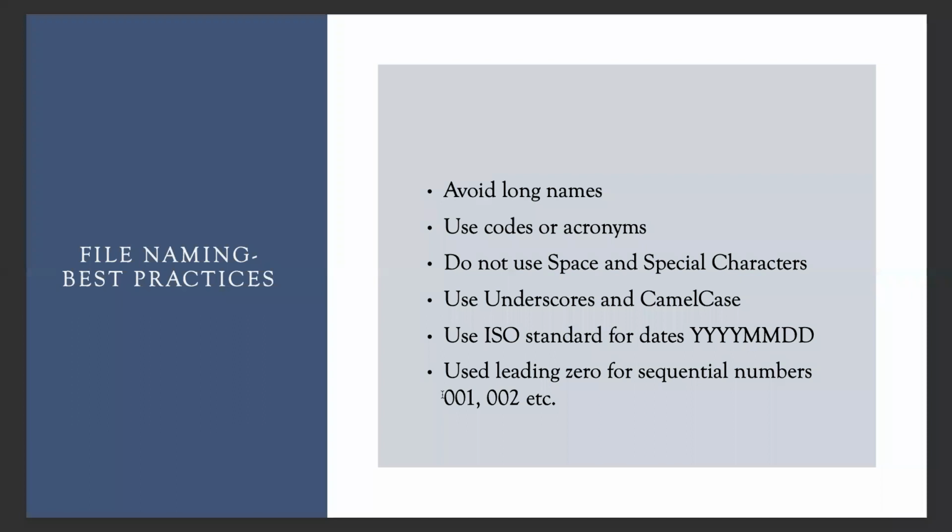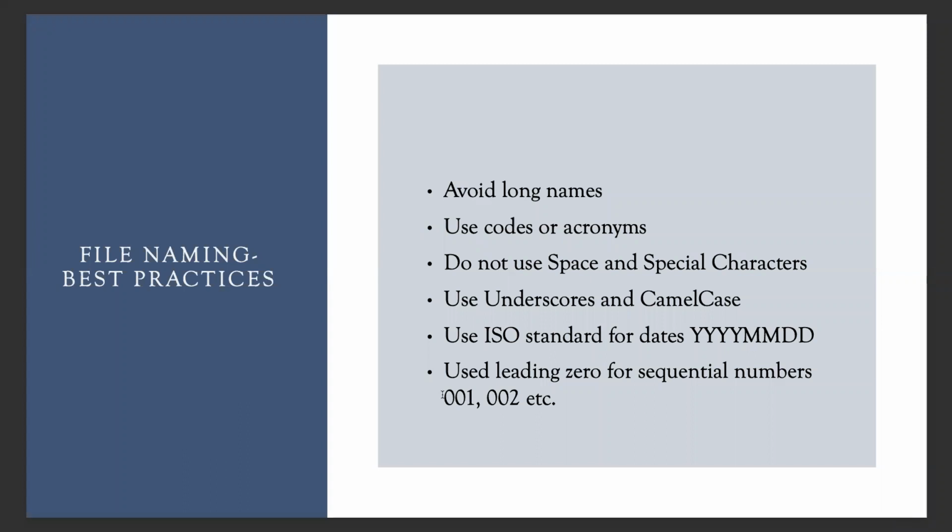Then if you are using a date, then use the ISO standard for date, which is year, month, and day. Or if you're using some other strategy, keep in mind what strategy you are using. It's always good to write it down on a memo or metadata sheet. So do that.